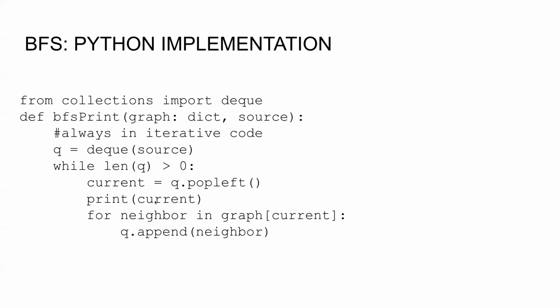You print that, and for any neighbor of the current node, you append it to the queue. After that, they will be popped left in the order received. So by using a queue or deque, this is how BFS is done. The queue is here to maintain order.